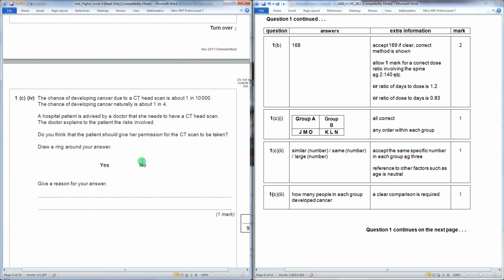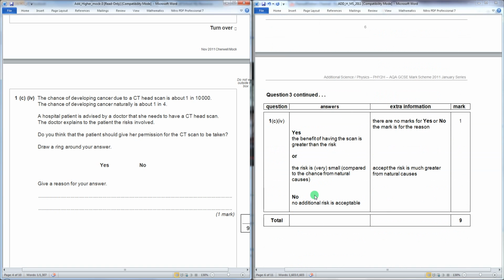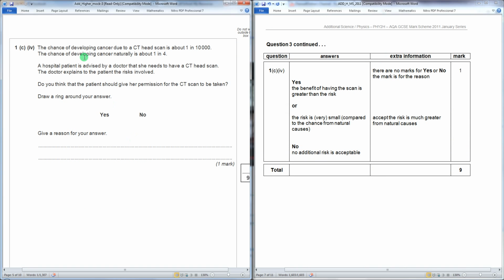Now, the very last part of the question is talking about risk. The chance of developing cancer due to a CT head scan is about 1 in 10,000, and the chance of developing cancer naturally 1 in 4. Now, the important thing to realise about this question is there is no mark for choosing yes or no. The only mark you get for this question is for justifying your answer. So give a reason for your answer.